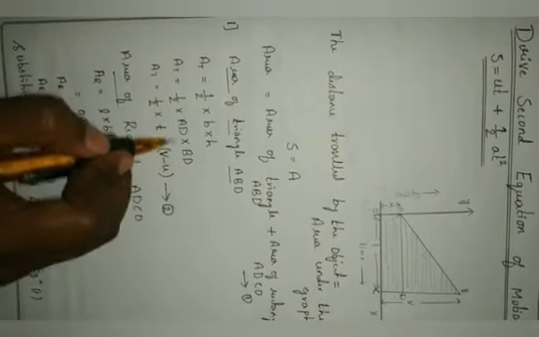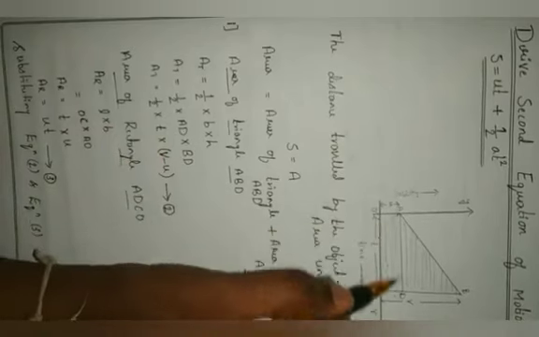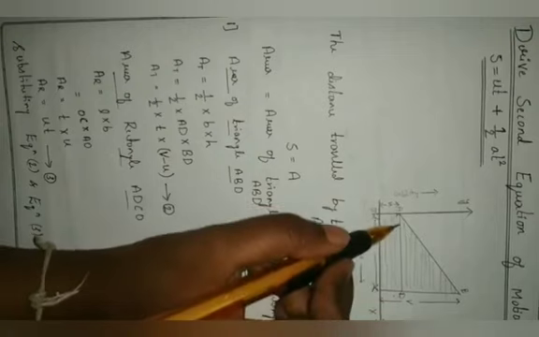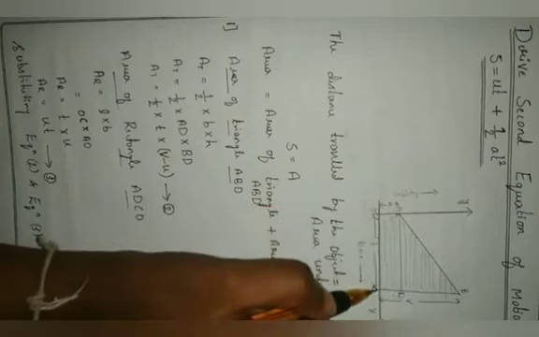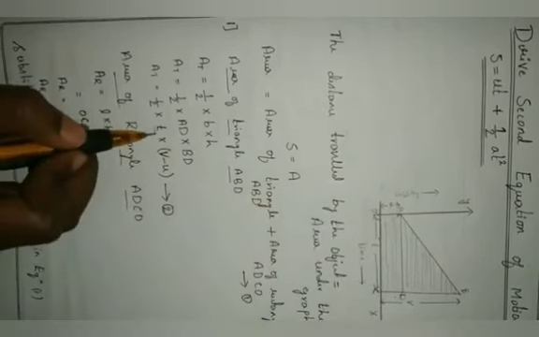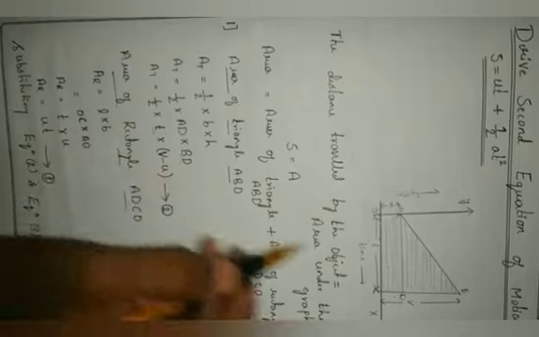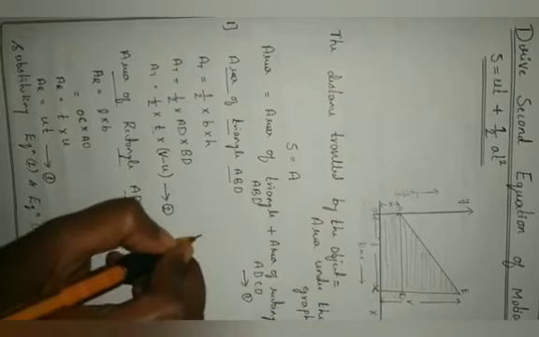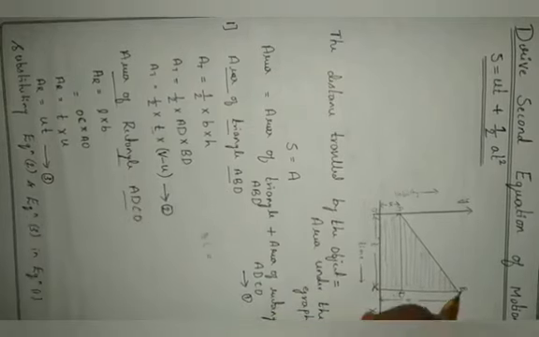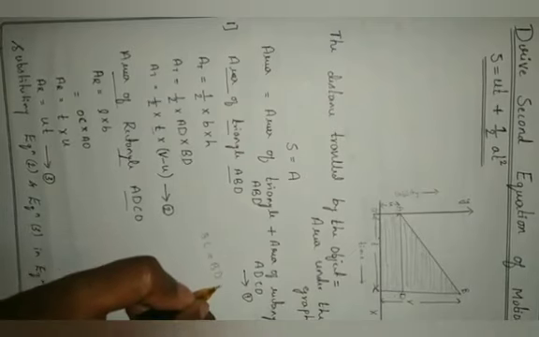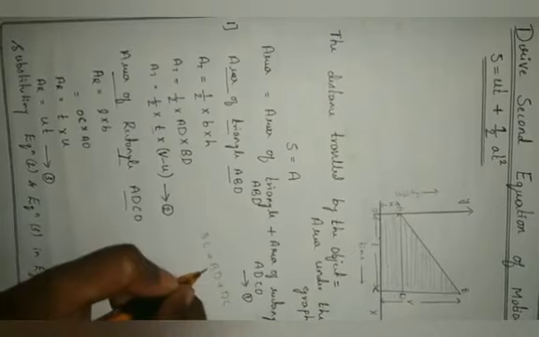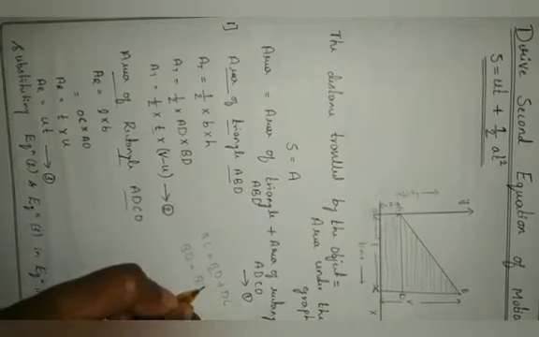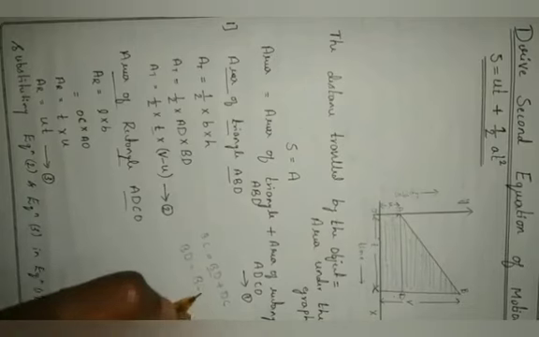This AD is parallel to OC, so the value of AD is equal to the value of OC, and the value of OC is T. Coming to BD, the total distance BC is equal to BD plus DC, so BD is equal to BC minus DC.